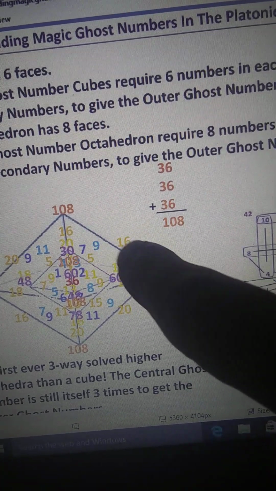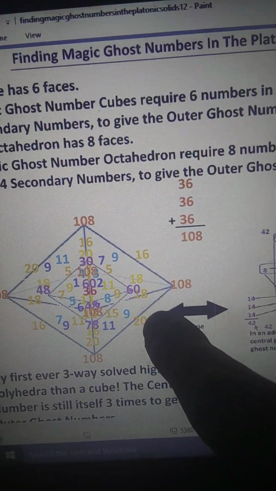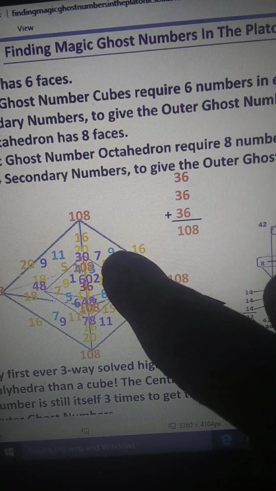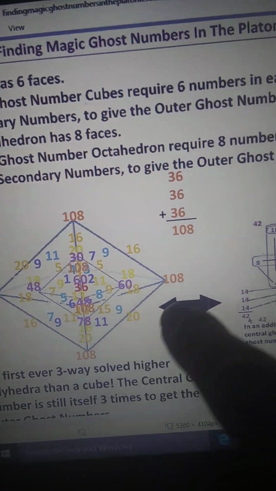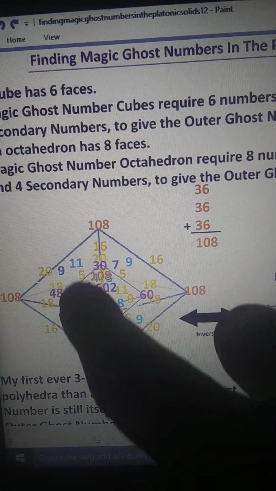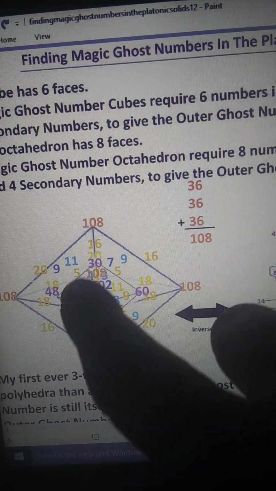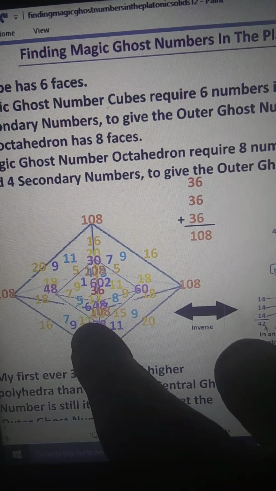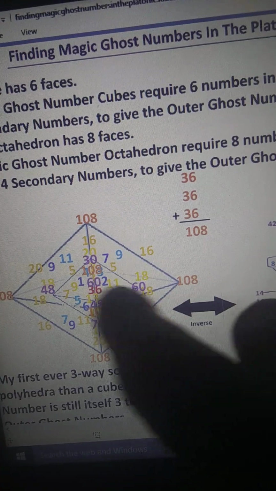And these are the numbers that you add together. The 4 numbers right here of the secondary, and the 4 numbers right here of the primary to give this number, the same as on this side, the same yellow and orange, and the same 4 blue and dark blue to give 48, and the same as on these other sides.